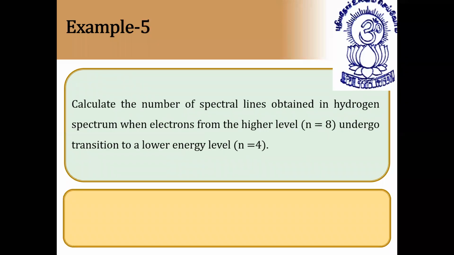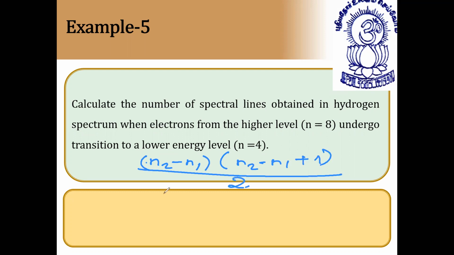Next question. Calculate the number of spectral lines obtained in the hydrogen spectrum when the electron jumps from the higher energy level n is equal to 8 to n is equal to 4. For this, the formula is (n2 minus n1) into (n2 minus n1 plus 1) by 2, because they have mentioned the lower energy orbit number, which is not the ground state, n is equal to 4. Substituting, n2 is equal to 8, n1 is equal to 4.